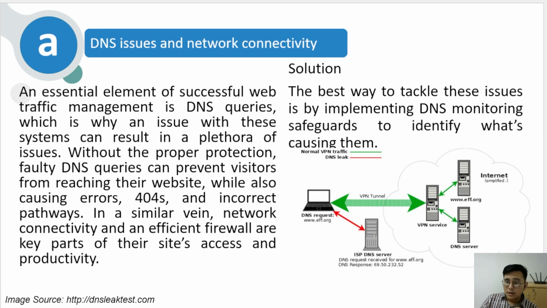Instead of using the ordinary HTTP, we now need to connect using HTTPS. So when we see issues in the DNS, where the name is not certified, we will know that this one has DNS issues. This also applies to network connectivity.